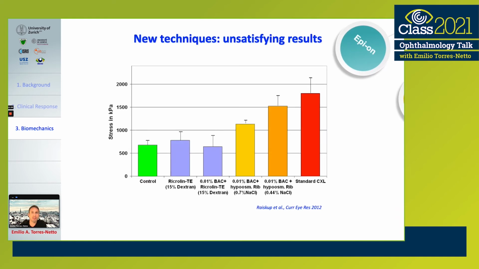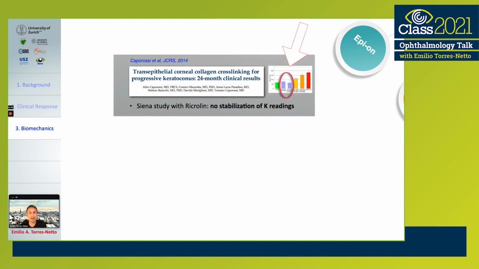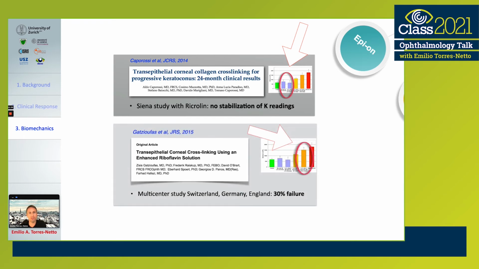Another point is cross-linking that keeps the epithelium, what we call epithelium-on cross-linking. And here there is a lack of good results nowadays, with laboratory results that are unsatisfactory. So the stiffening effect is still not so good in the lab, and clinical results show no stabilization of keratometry readings, or failures reaching up to 30% of the cases that use transepithelial or epi-on cross-linking.